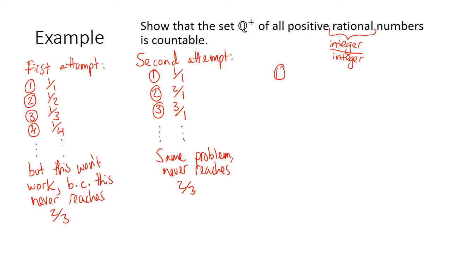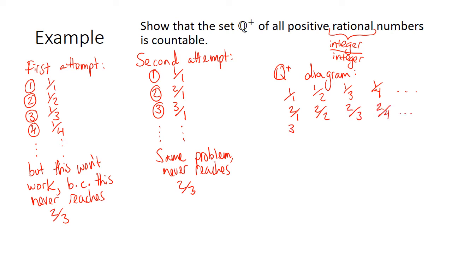I can draw Q plus like this. Here's a little diagram. On the top row, I'm going to do 1/1, 1/2, 1/3, 1/4, and so on. On the next row, 2/1, 2/2, 2/3, 2/4.